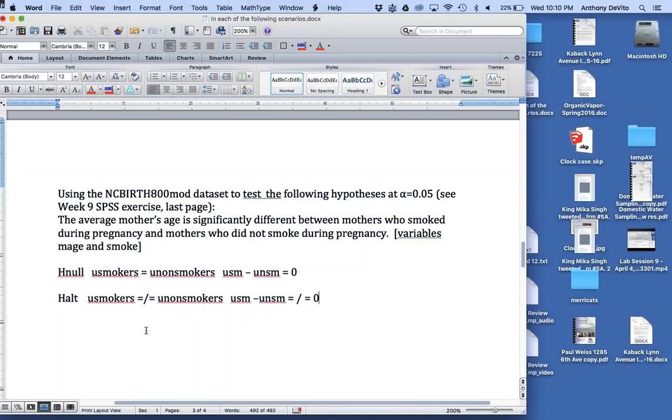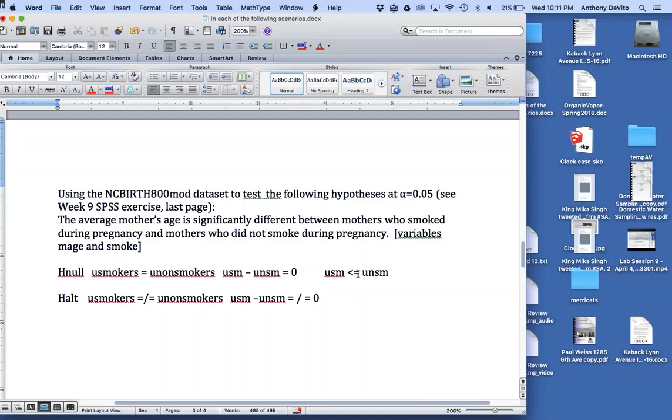Now, a hint. If I were going to call this a one-sided test, for instance, if I wanted to prove that smokers were older than non-smokers, I'd start with the assumption that the mean for smokers is younger than or the same age as the mean for non-smokers.